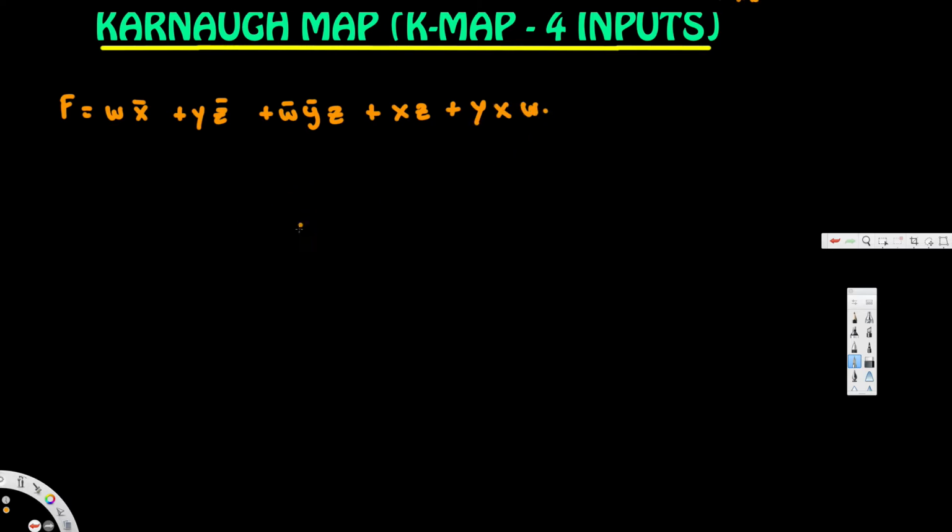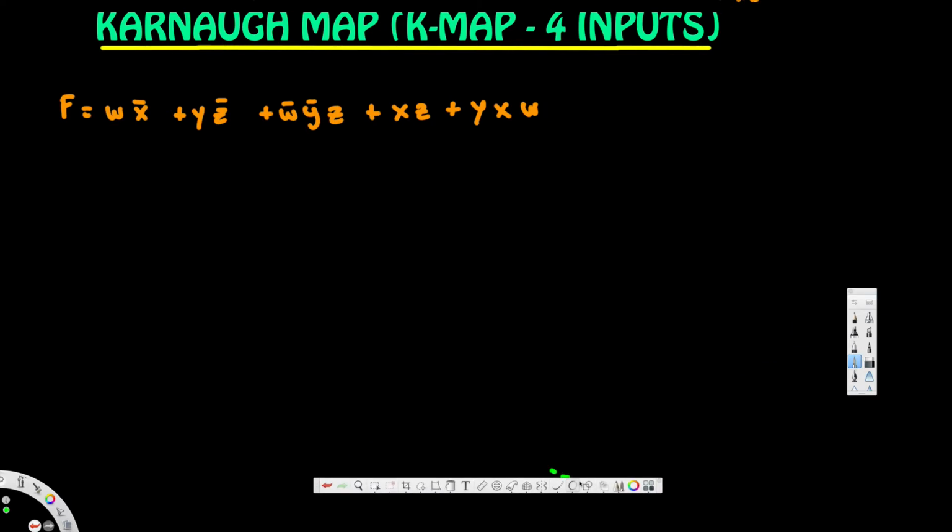Okay, this is the one we have. Now let's create the k-map for this one.